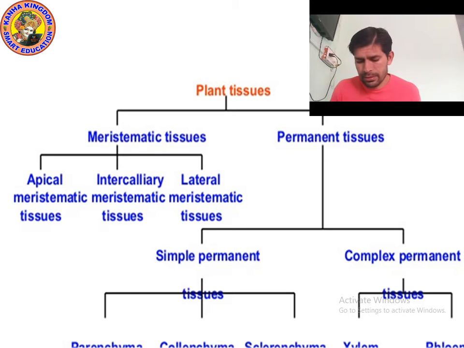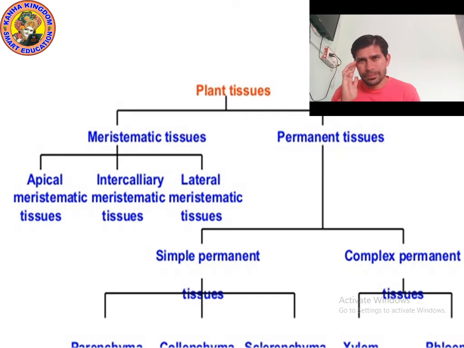If I tell you the differences between plant tissue and animal tissue, plants do not move from place to place, while animals move from place to place. Plants need less energy, but animals need more energy.